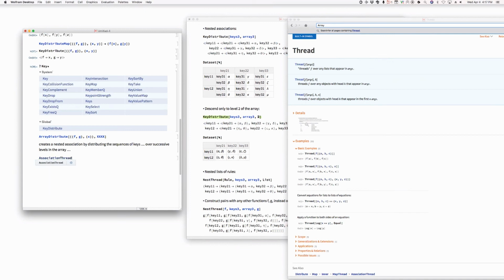Is there a meaningful name? I mean, association distribute seems kind of crazy. Well, there is no obligation of having an association in the input. So array seems better.